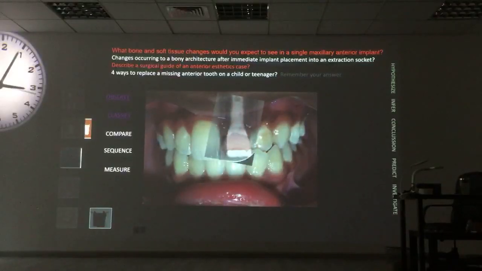We could use the position of the Maryland and the findings from the CBCT, and based on that, one very important thing is the CEJ of the future crown should be in the surgical guide, because if you want to be 3 millimeters above that, you need to know where your future crown is, because from the implant to the crown margin, you want to have something called emergence profile.